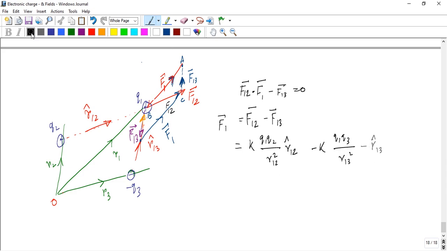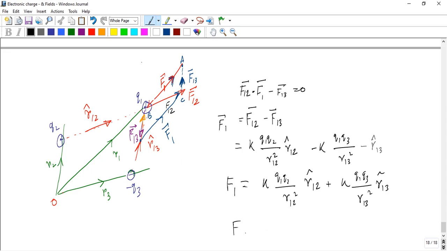So similarly, cancelling these two, we get K Q1 Q2 by R12 square, R12 cap, plus K Q1 Q3 by R13 square, R13 cap, that is the total force F1.